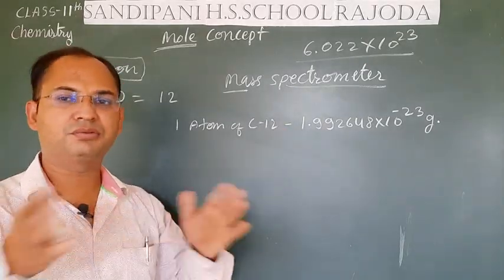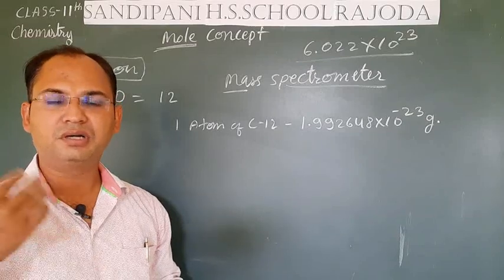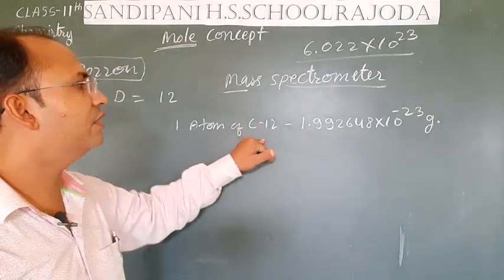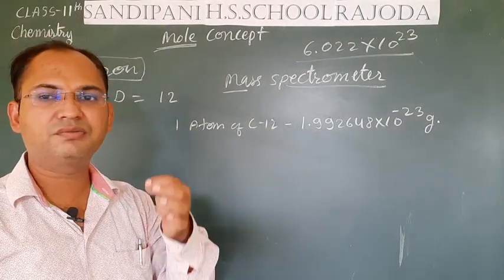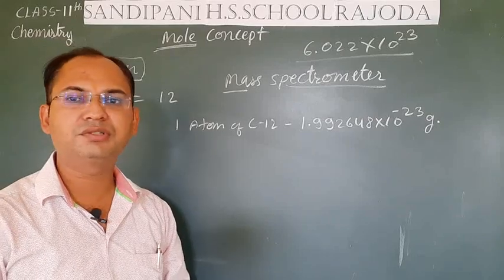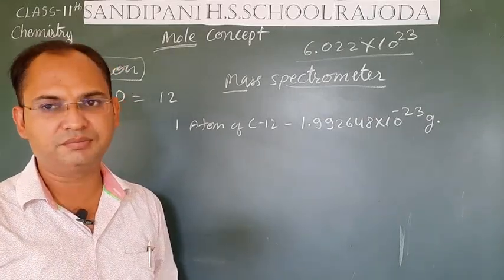There are different isotopes of carbon whose atomic mass is different. So the mass of 1 carbon 12 atom was 1.992648 × 10^-23 gram.